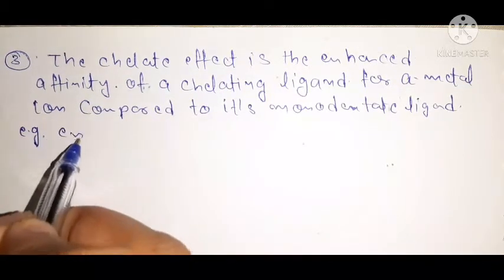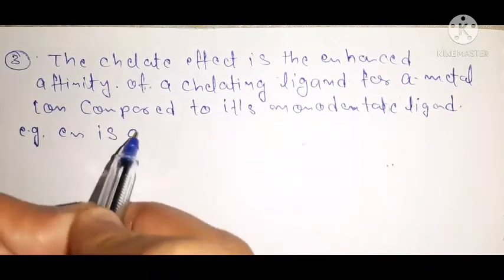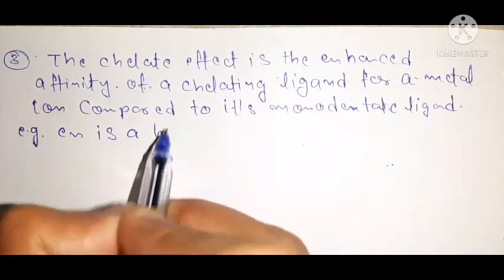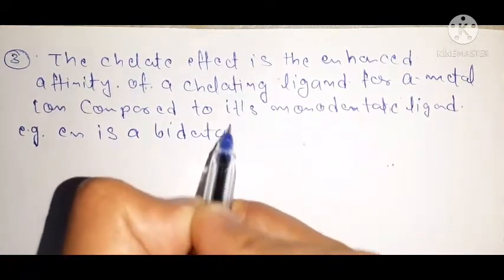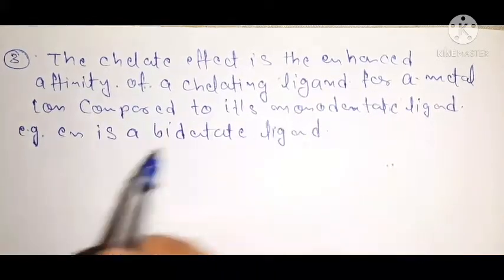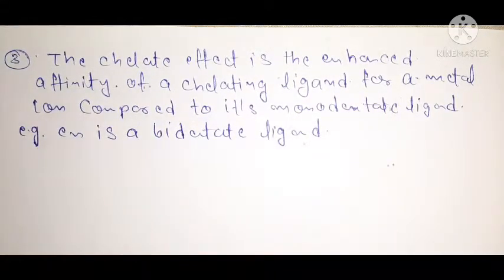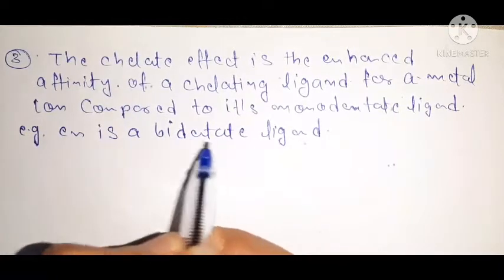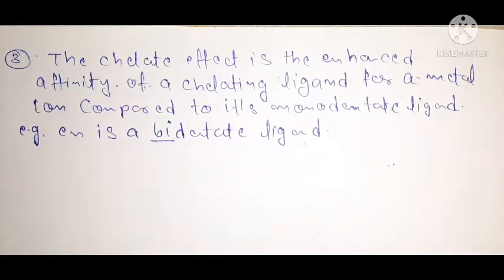See, en is a bidentate ligand. Ethylene diamine is a bidentate ligand. That means it has two nitrogen sites for binding with metal ion. Okay, that's why it is a bidentate. Bi means two. It has two nitrogen sites for bonding with metal ion.